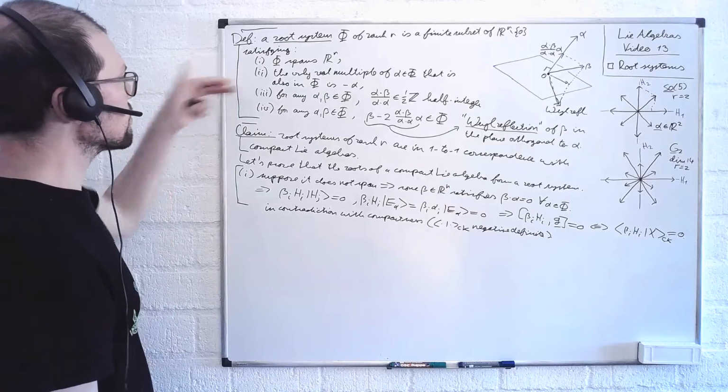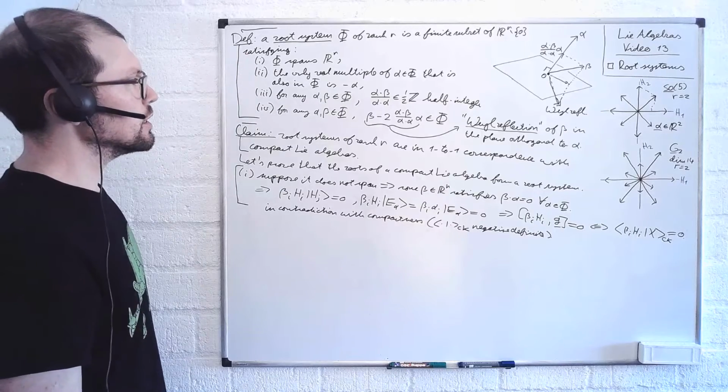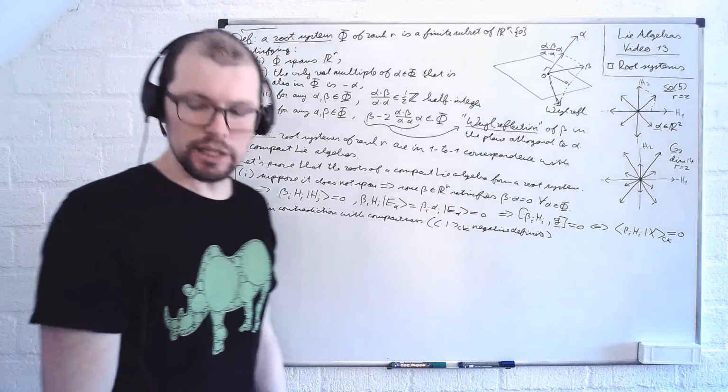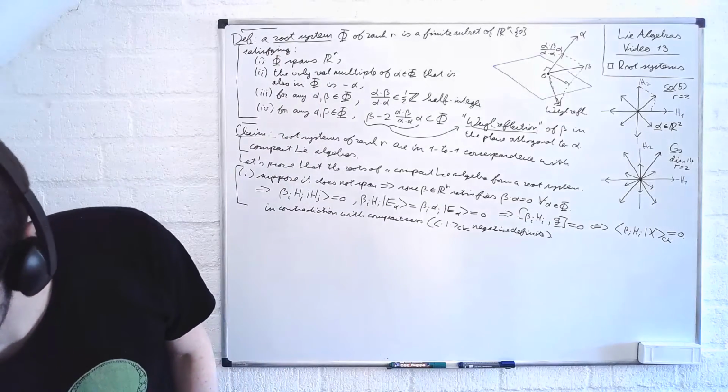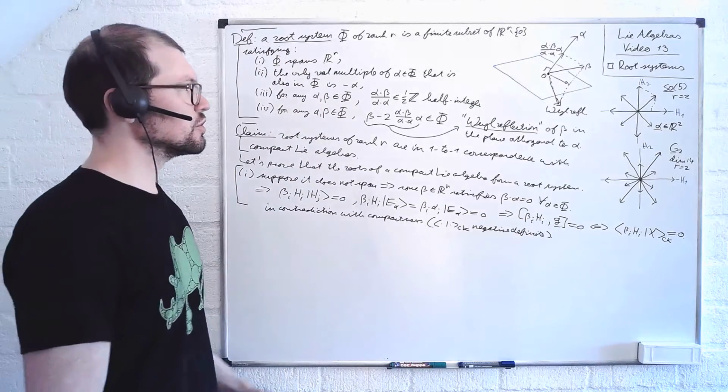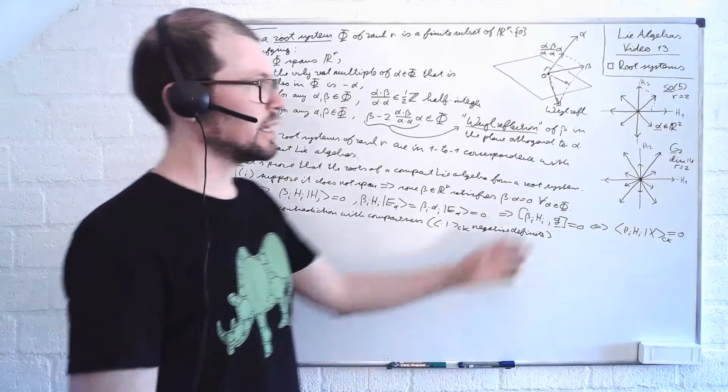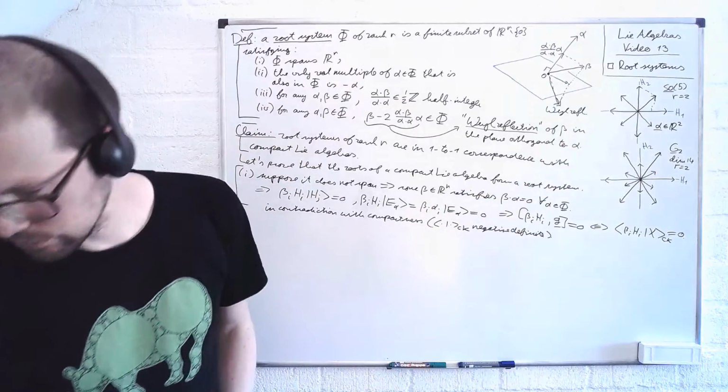Now the other three properties will be a consequence of identifying various copies of SU2 within any Lie algebra.